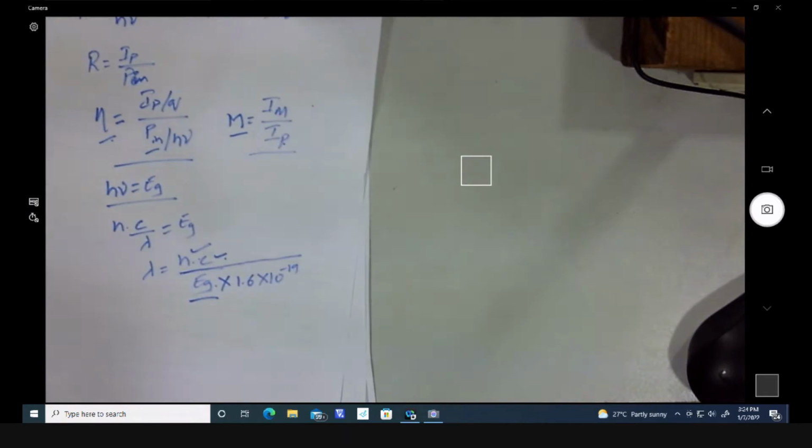Simply Q by H nu. We have to find the multiplicative factor, ma'am. Okay, can you repeat the expression? Q by H nu for IP.